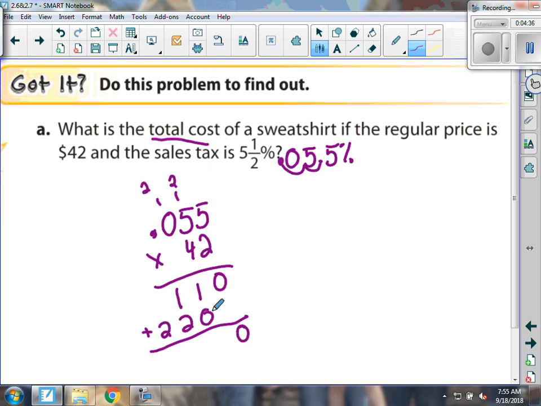So I add 1 plus 0 is 1, 2 plus 1 is 3, and my 2 carries down. I have 1, 2, 3 decimal places. So my sales tax is $2.31.